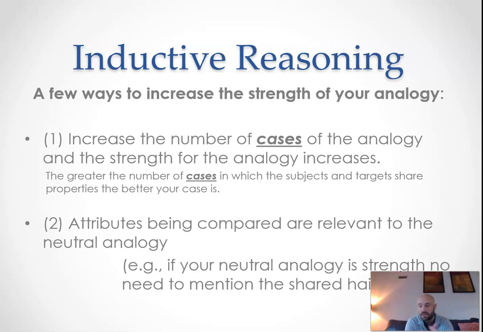So that's number 2. Now, number 1 is about increasing the number of cases of the analogy, and that will increase the strength of it. So what does this mean exactly? Take, for example, these 2 markers. I say this marker is like this marker. This marker says Expo on it, has a removable back, a lid with a felt tip, smells really bad, has an inkwell inside.